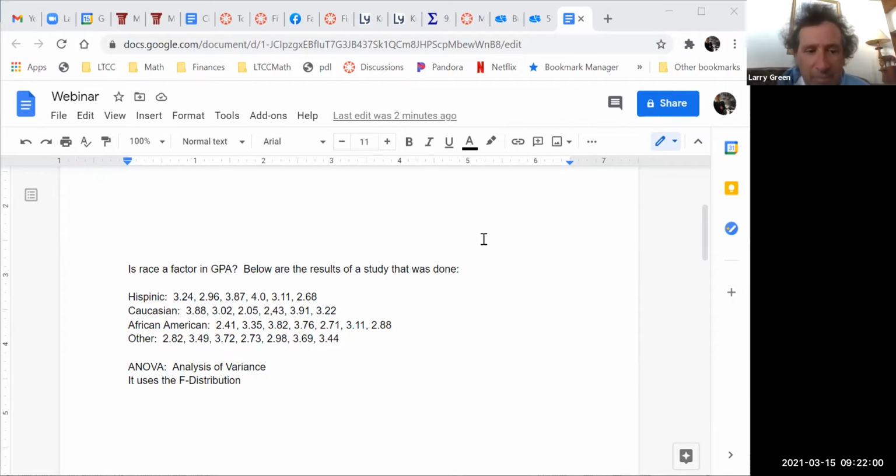But ANOVA uses what's called the F distribution. And again, the last thing you want me to do is get into the mathematical details of the F distribution. My guess is you all agree with that statement because it's brutal. But I will tell you that there is such a thing.